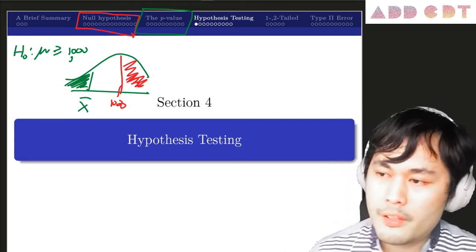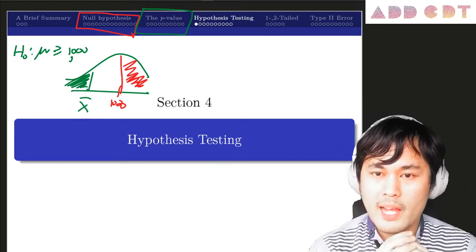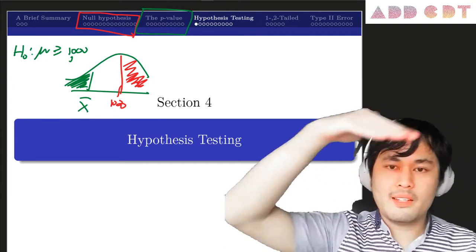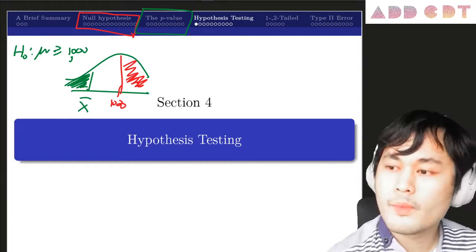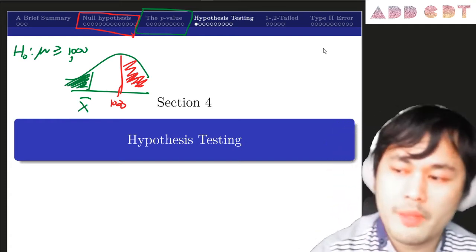Now we are going to combine these two concepts and make it a rigorous procedure, a list of several steps that you can perform. Those steps are what we call hypothesis testing.